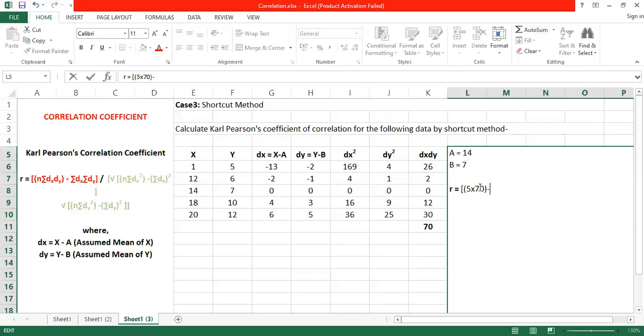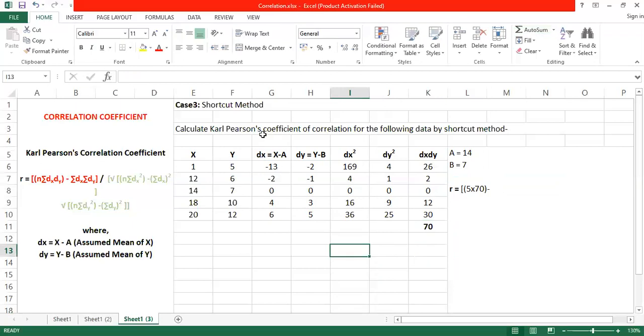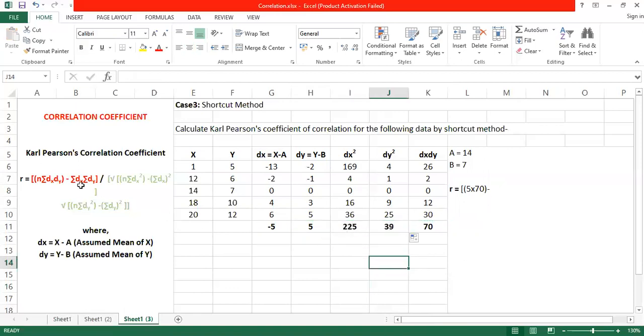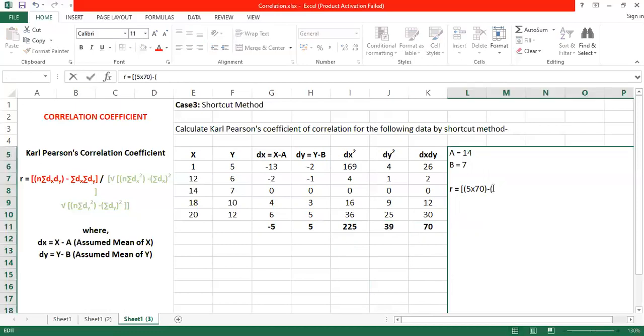Then minus sigma dx. Get the sum, so it is minus 5. Likewise, get the sum for dy as well. So it is sigma dx into sigma dy. That means sigma dx is minus 5, so minus 5 into sigma dy, which is 5. Right? Divided by.